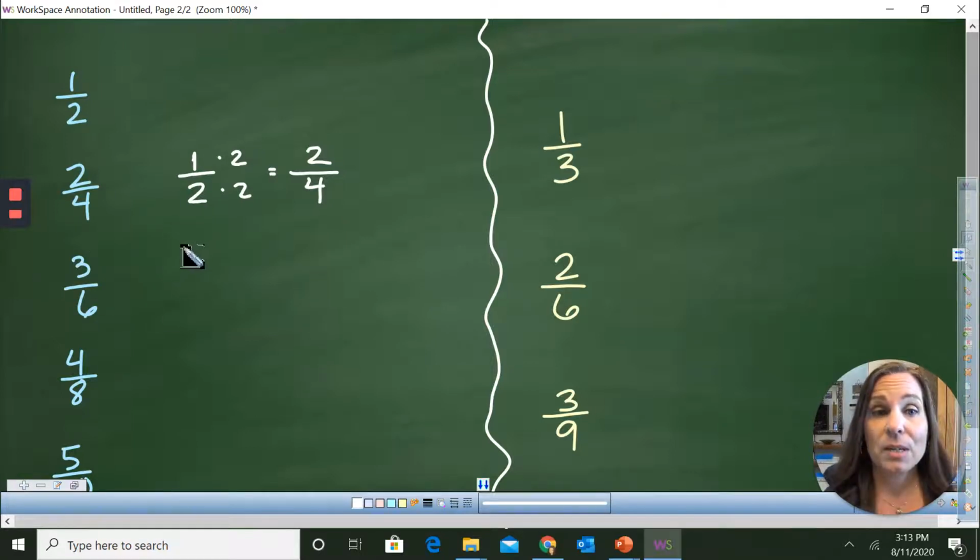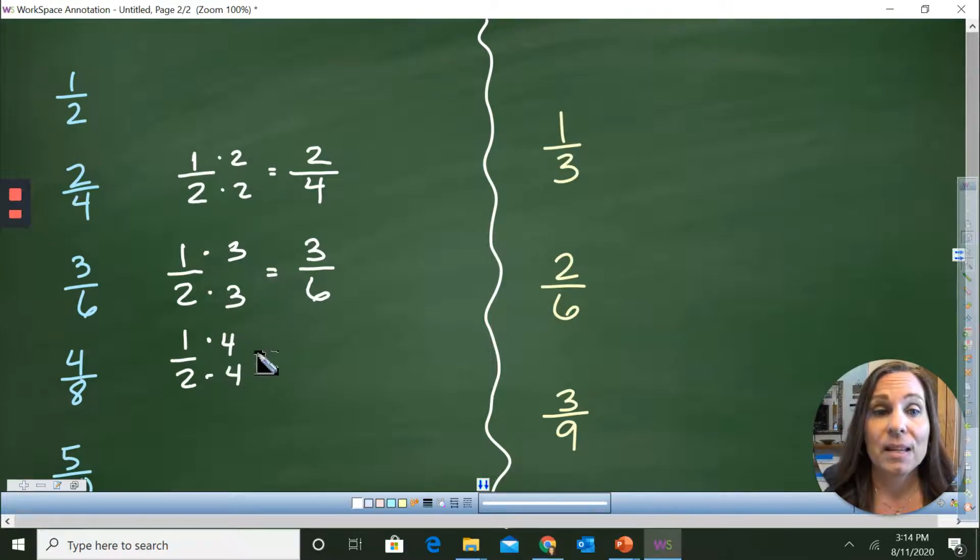If I want to get 3/6, I can again start with 1/2, multiply the top and the bottom by 3 to get 3/6. Same thing for 4/8. 1/2, multiply the top and the bottom by the same number to get 4/8.